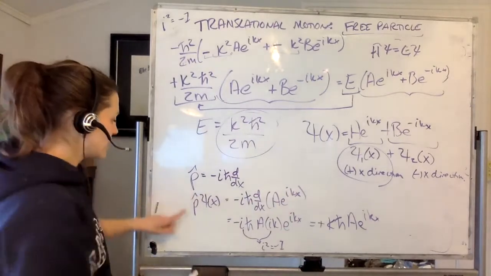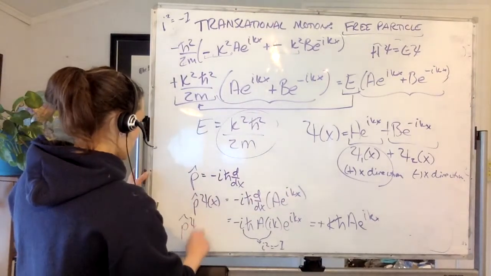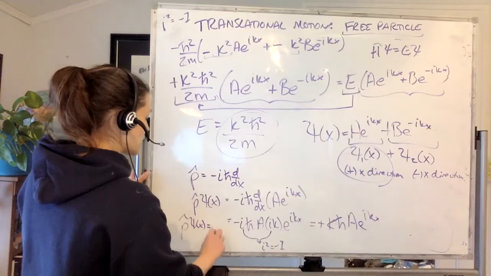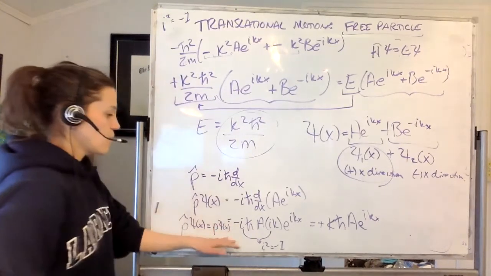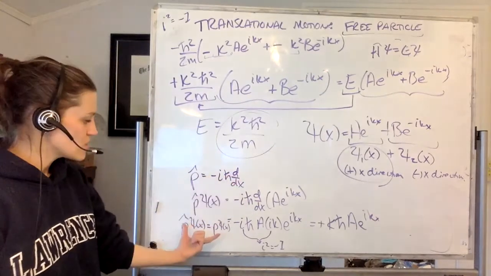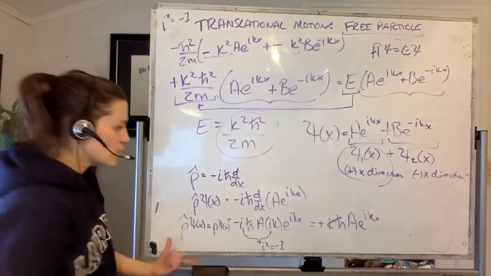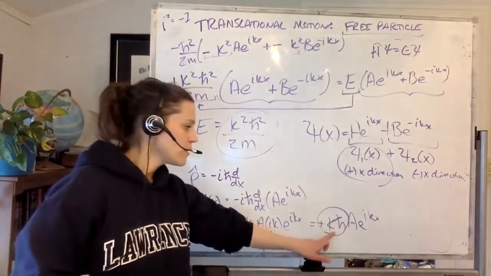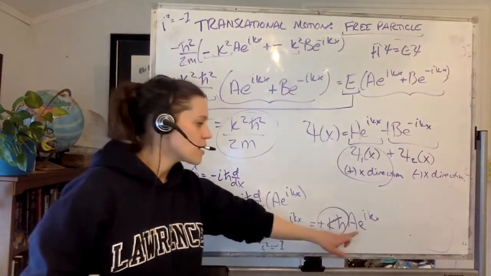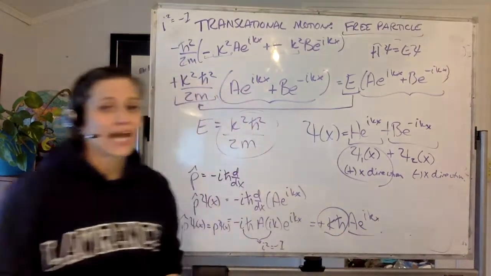In doing so, that means I've got p hat operating on psi of x is equal to some eigenvalue of psi of x. So this equation satisfies the eigenvalue equation because look, I have my eigenvalue, positive k h bar, times my wave function back again.